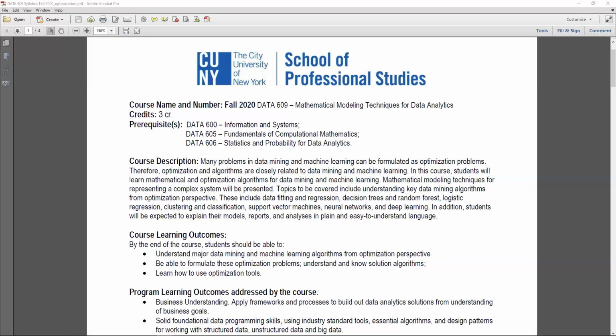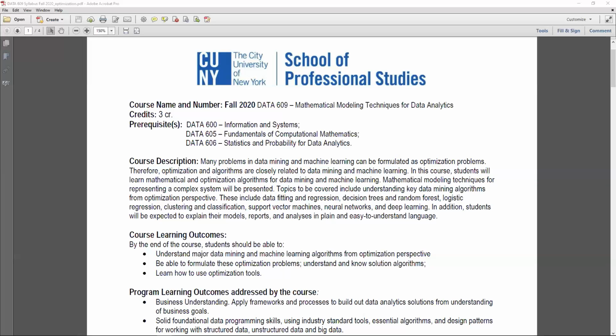These mainly include data fitting and regression, decision tree and random forest, logistic regression, etc., and neural networks and deep learning as well. But what we're trying to do is take a fresh perspective, from the optimization formulation, to understand these algorithms.